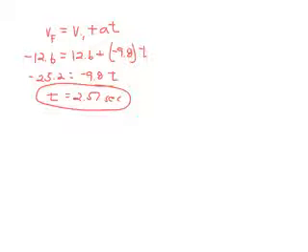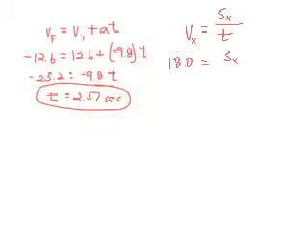Now we can go to the horizontal conditions to figure out how far the pass went horizontally. Once again, v sub x, or just v in the horizontal direction, is s sub x over t. V sub x is 18.0 meters per second.